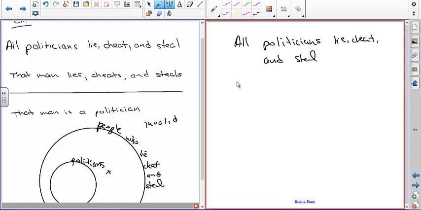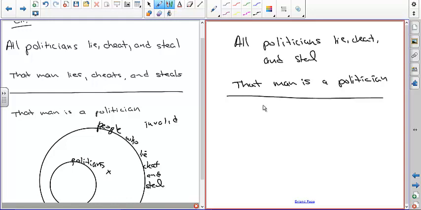The second one is that man is a politician. And the conclusion is that man lies, cheats, and steals.